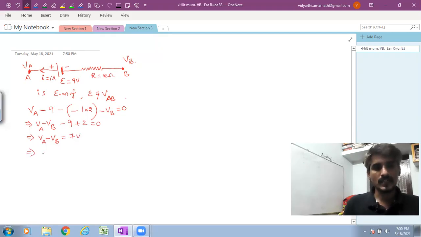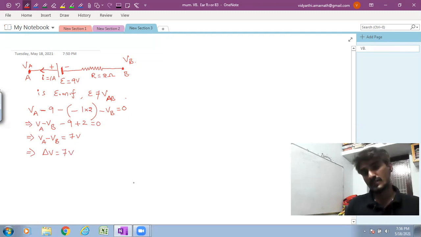So the potential difference between them is actually 7 volts, whereas the EMF is 9 volts. Means the potential difference is lesser than the EMF. It is not equal because of the resistance. Because of this resistance, the potential difference and EMF are not the same. Because of this resistance, what happens?